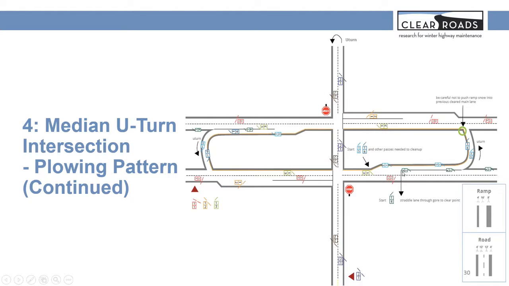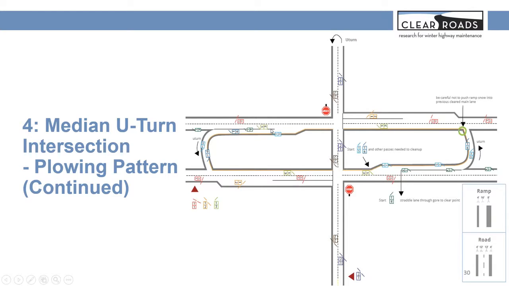Here, in pass number 4, they clear the gore area. Still using the front plow, push snow to the left. When the gore area ends, this track continues to plow the left shoulder, pushing snow to the left, and turns around.